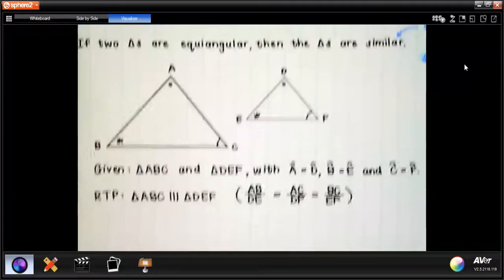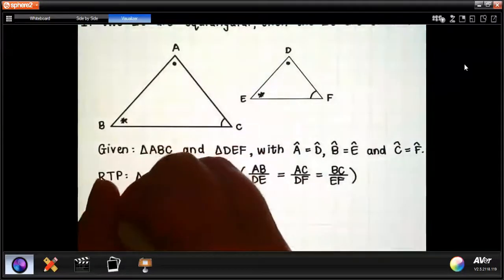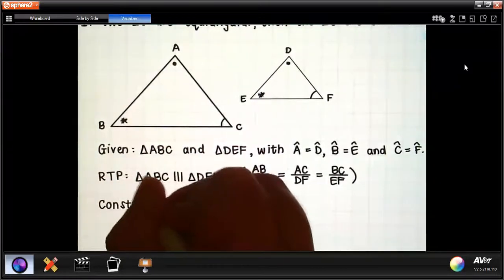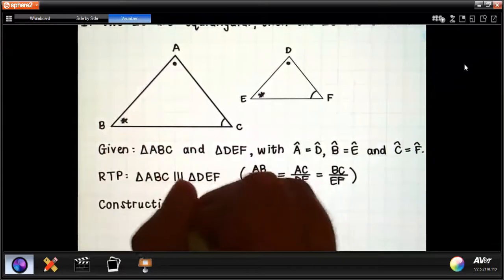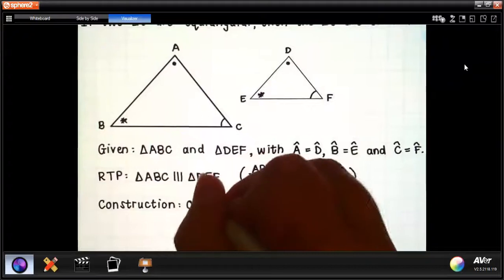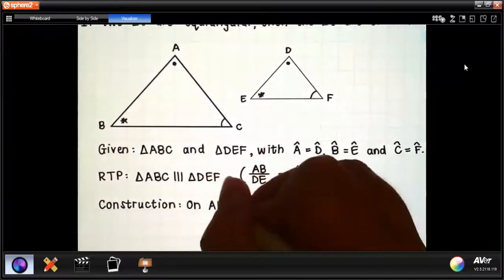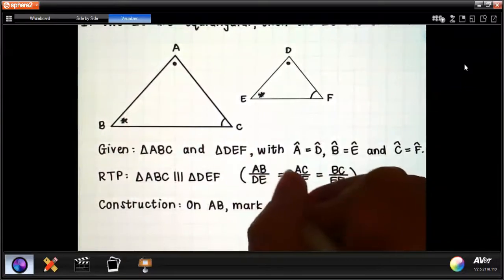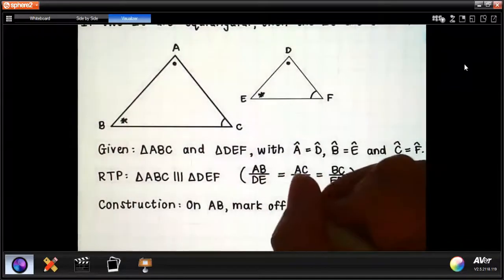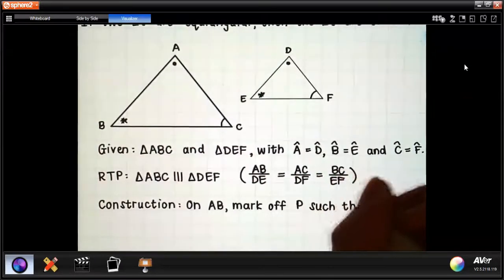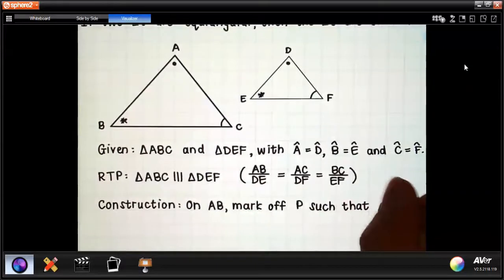Now, of course, we always have a construction. This construction, you need to be able to write out in words, and you have to indicate it on the diagram. For construction, we are going to say on AB, mark P such that AP is equal to DE.